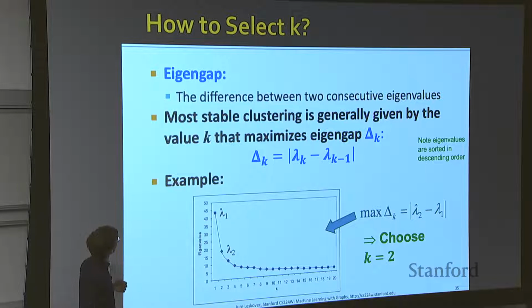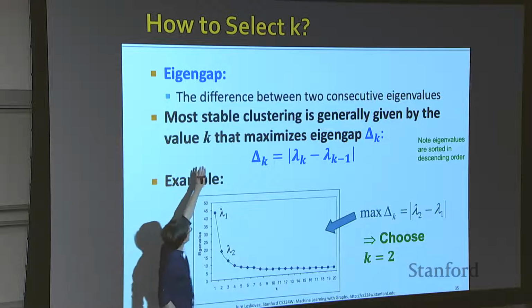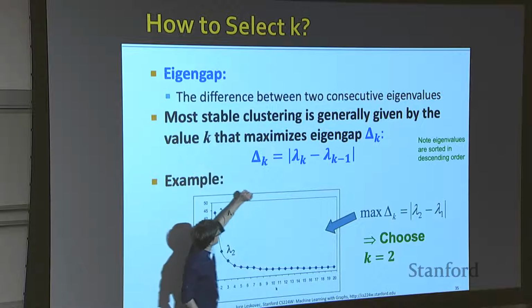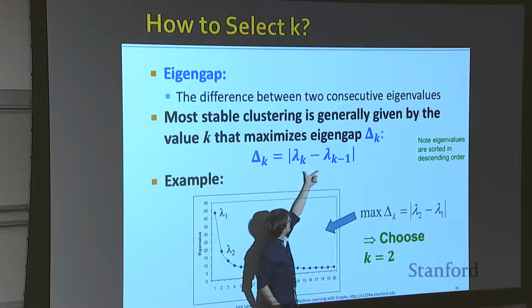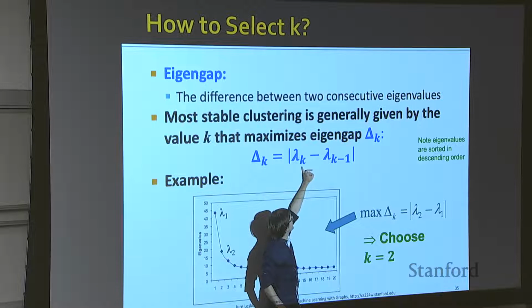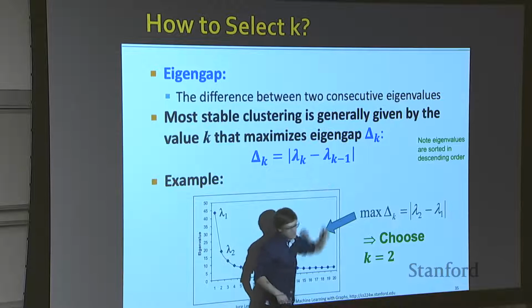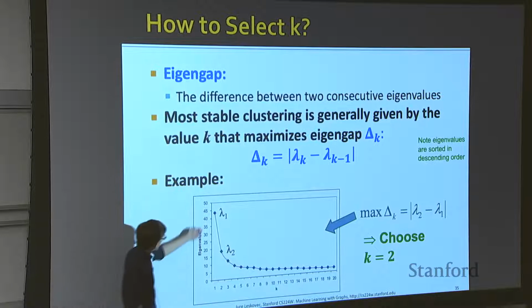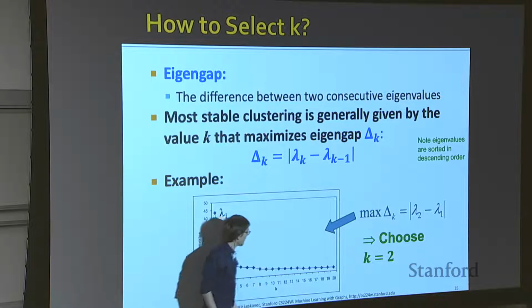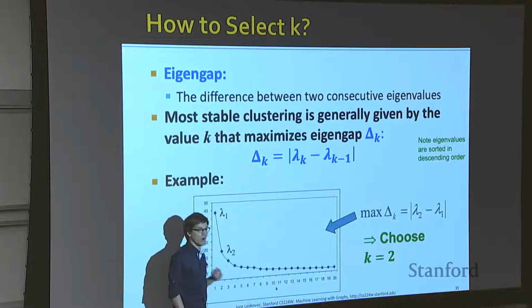One rule of thumb is that the most stable clustering is generally given by the value of k that maximizes the eigengap. And the eigengap is the distance between the k-th and the (k minus first) eigenvalue. And usually you can plot them the following way and then decide where you want to cut.